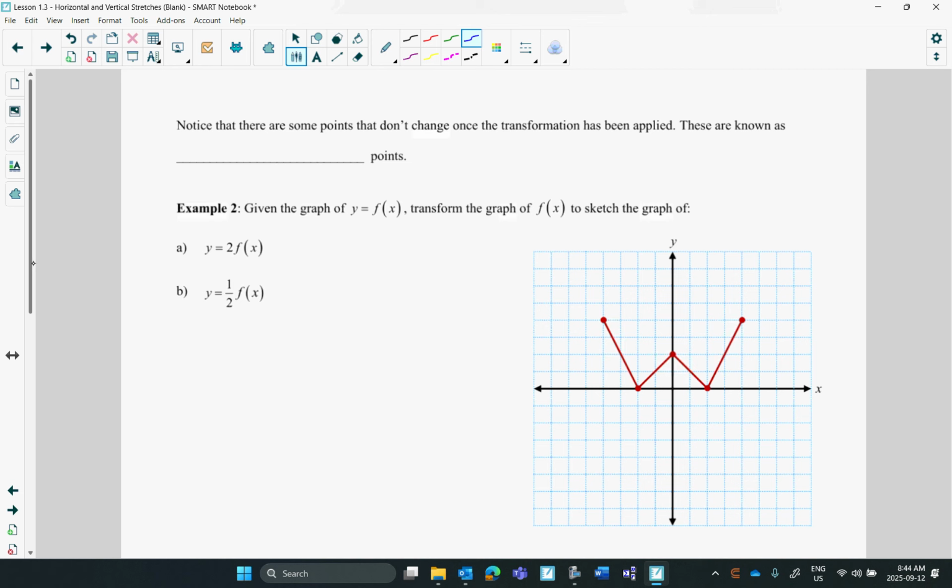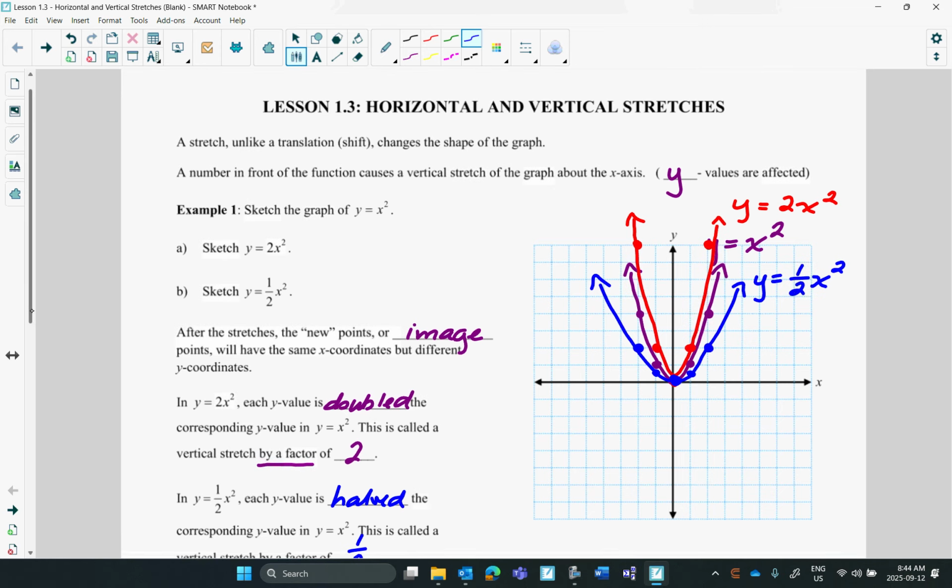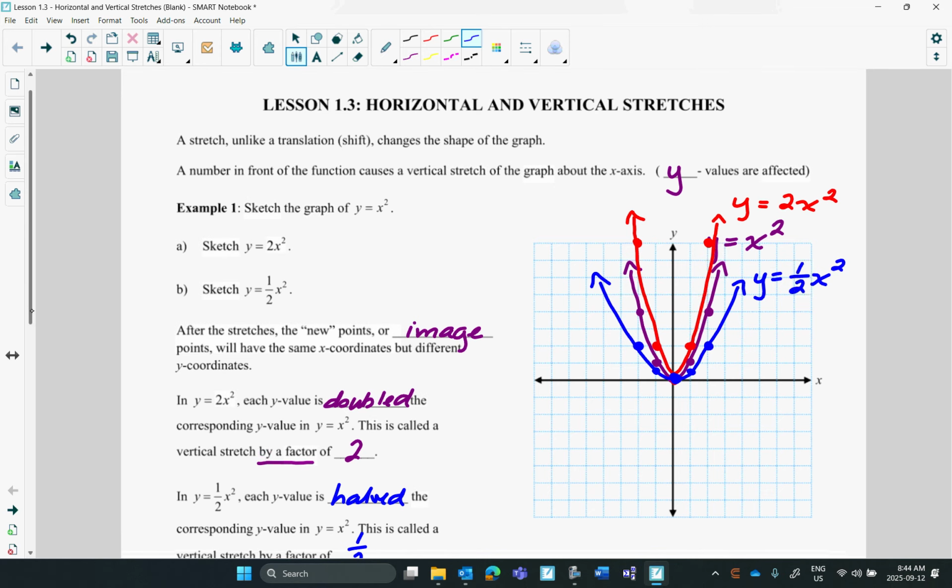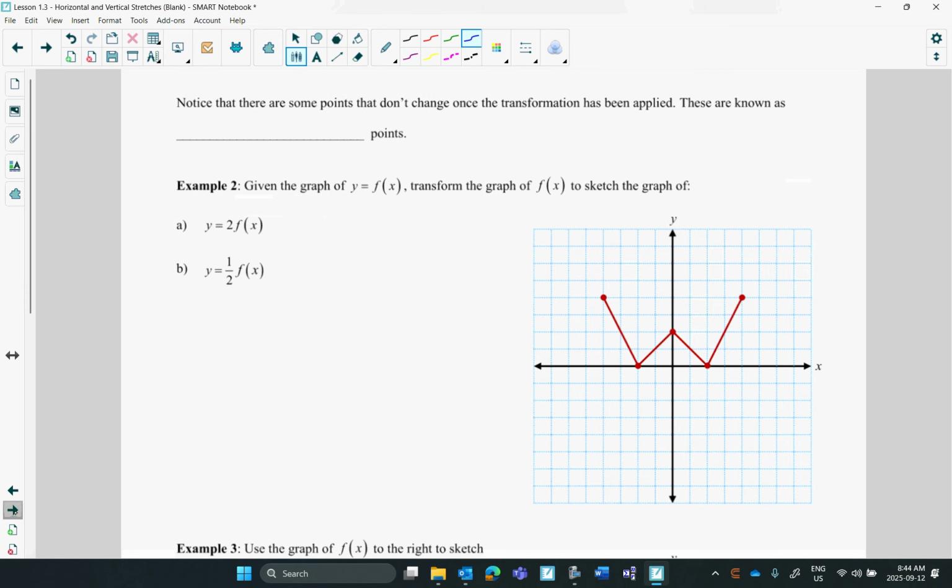Something new that we didn't talk about last year: when you take an original function and create a new one by some transformation, sometimes points don't move. Original points don't move. Going back to this, was there a point or points that did not move when you did the stretches? 0, 0. Those kind of points we refer to as invariant points.